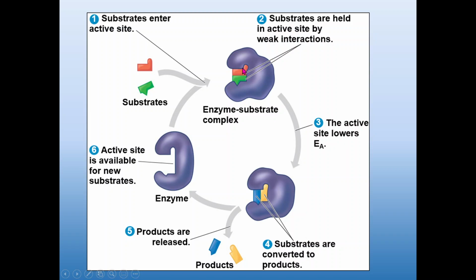It forms different bonds, it changes the chemical structure of these two, and that enzyme can then release those products, which are now a new form, which are either going to be the end of our metabolic pathway or simply the next step before the next change that needs to happen. That enzyme is not used up. Remember, the catalysts keep going. So that enzyme is now ready to bind to the next set of reactants or substrate. So it's a cycle. It binds, it changes, it releases, binds, changes, releases.